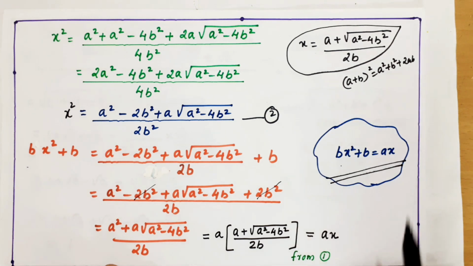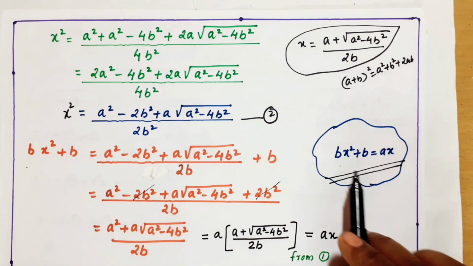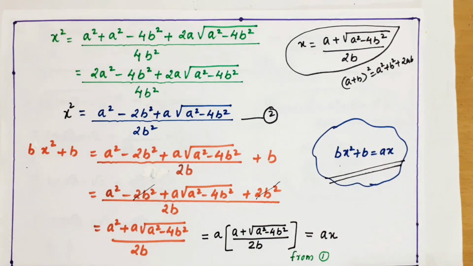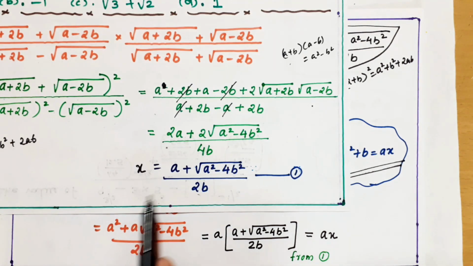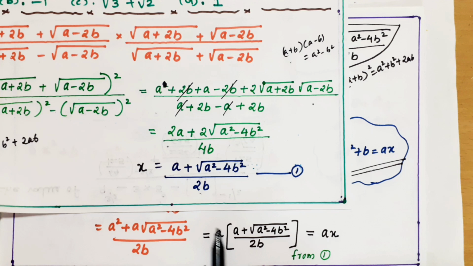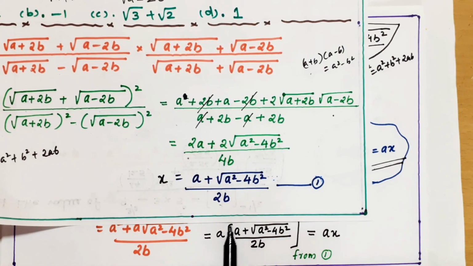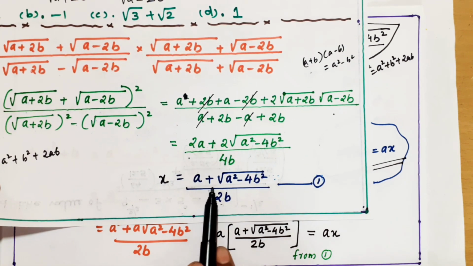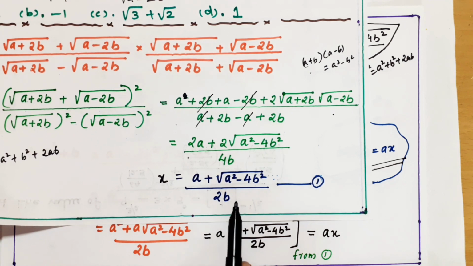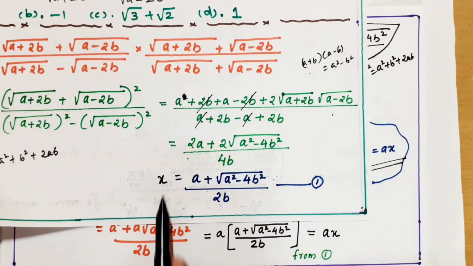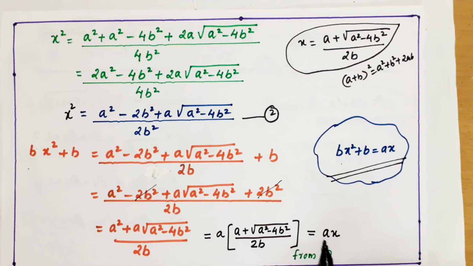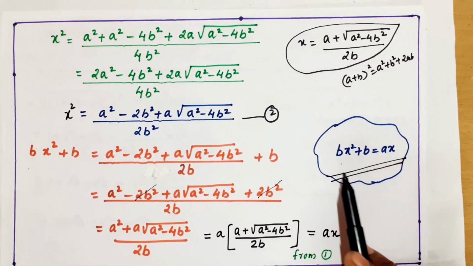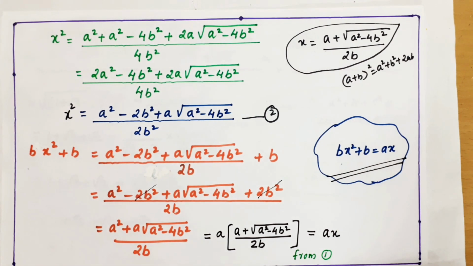We need to show that bx square plus b equals this. This answer again I can simplify, because we already proved that x equals this one. The term inside the bracket is this only, a plus root over a square minus 4b square by 2b. That is nothing but your x. So I can write it as ax. So the answer is bx square plus b equals ax.